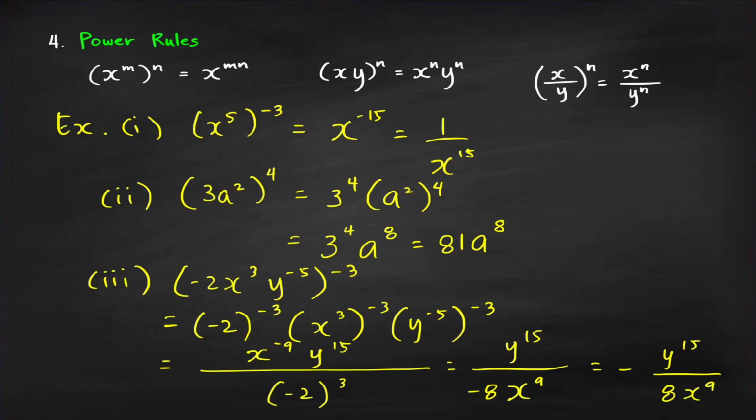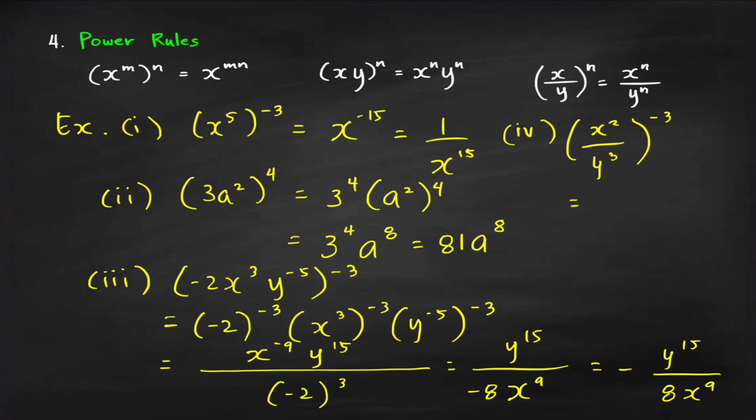And let me give you one more example. Let's say we have x squared over y cubed, and then this quotient is raised to negative 3. So we can use here this third power rule. It's the power of a quotient, and we can write it down.